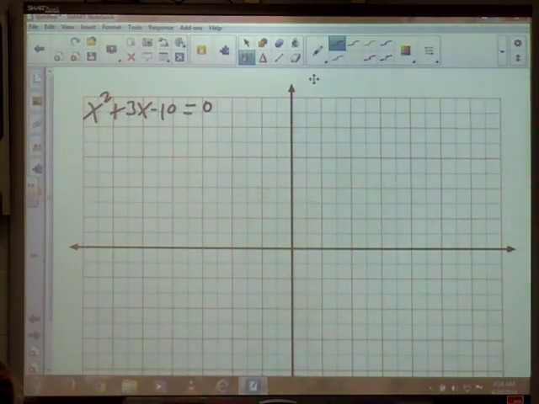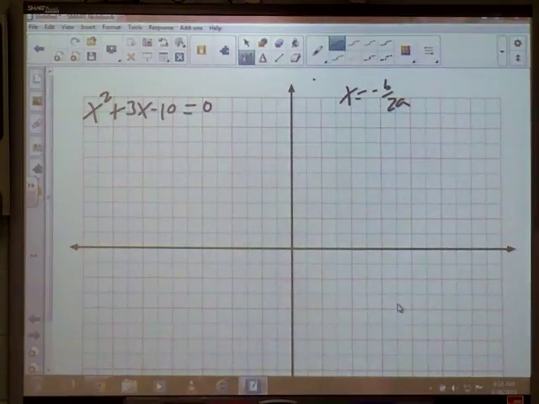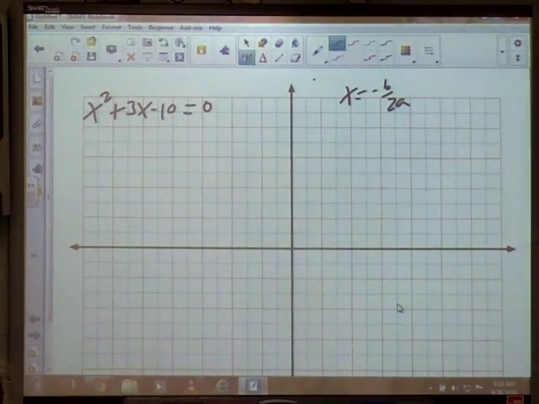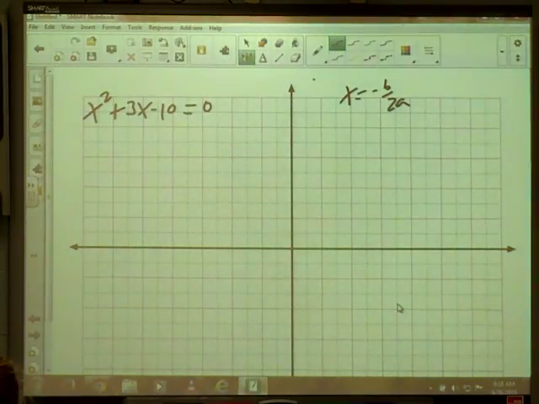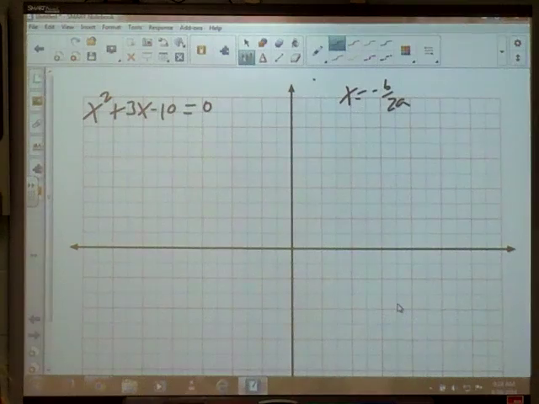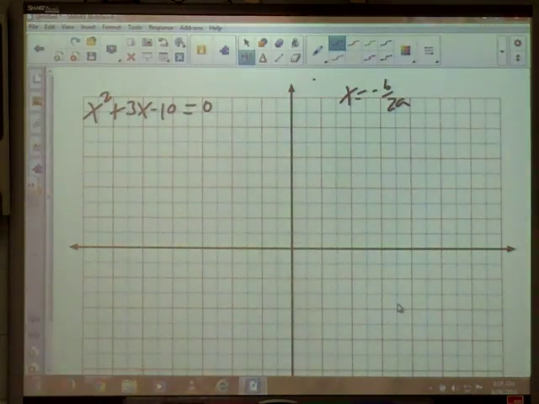We start doing that by our negative b over 2a. Okay? That stuff we did last unit will not go away. The stuff we're going to do today will not go away. Quadratics, if I said what is the major theme of Algebra 2, quadratics is up there at the top. May not be the biggest, but it's pretty close. We will do quadratics throughout the rest of the year. So this stuff's got to carry with us and stick with us.